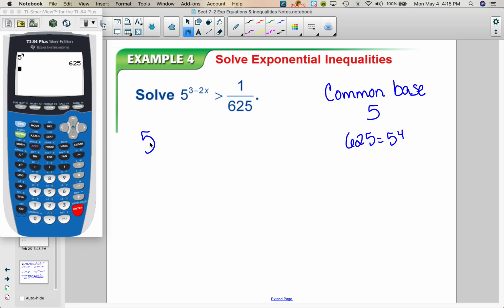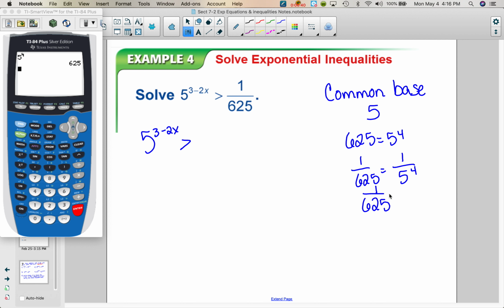So I'm going to leave this alone because that already is my common base. Now, it's flipped over though. So that means since it's 1 over 625, this has to be 1 over 5 to the 4th. Okay, let's switch that around.